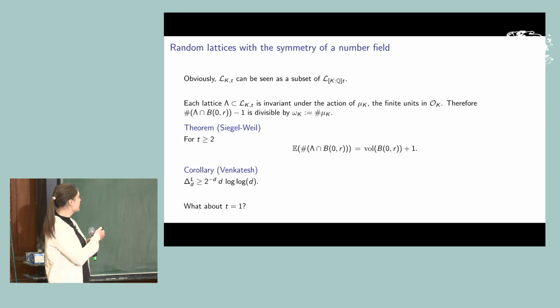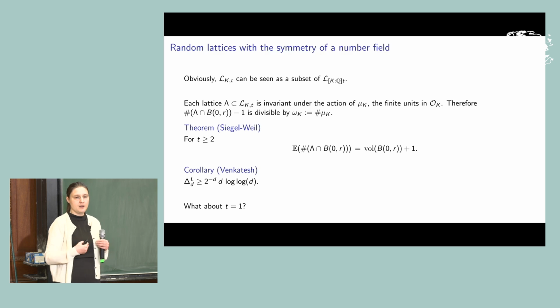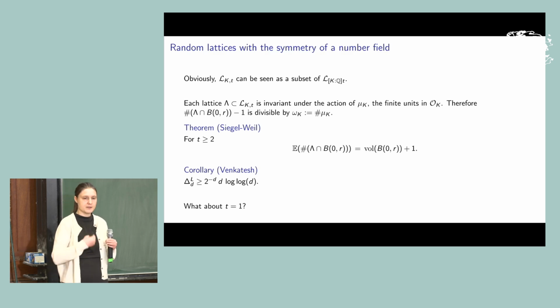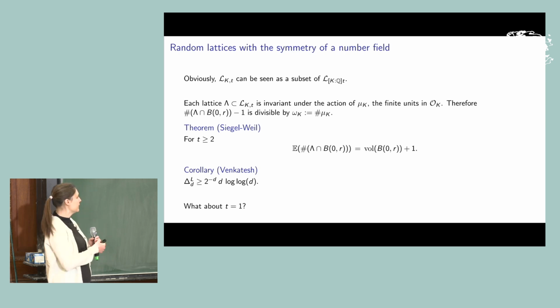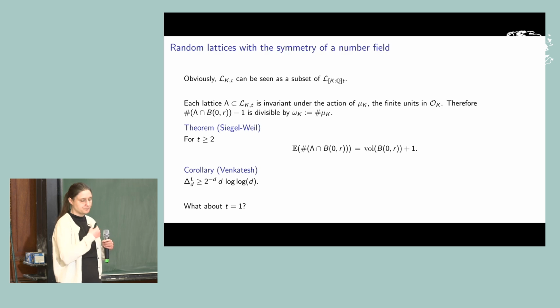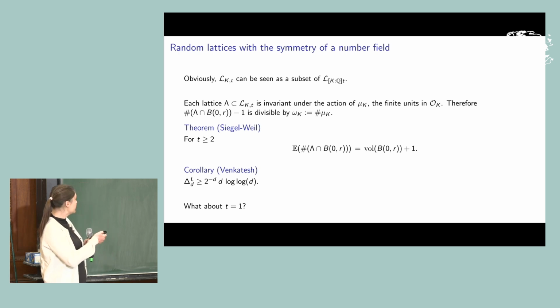And somehow what has changed now is that we have all the symmetries. And so it means that it could happen that our number field was such that it had units, not only infinite, but also finite units. And so these finite units, their action on the Minkowski space, will be an orthogonal action. It will preserve the scalar product.